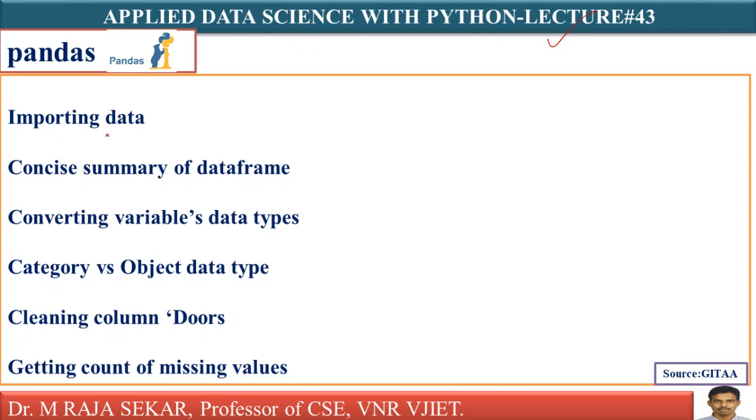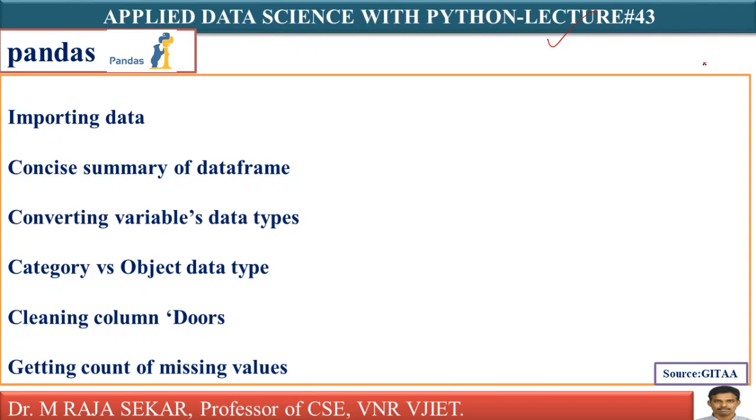In the previous lecture, that is in lecture number 42, we found that question marks and other special characters are not being considered as blank values. Now, in this lecture, we will import the data by considering all of those.